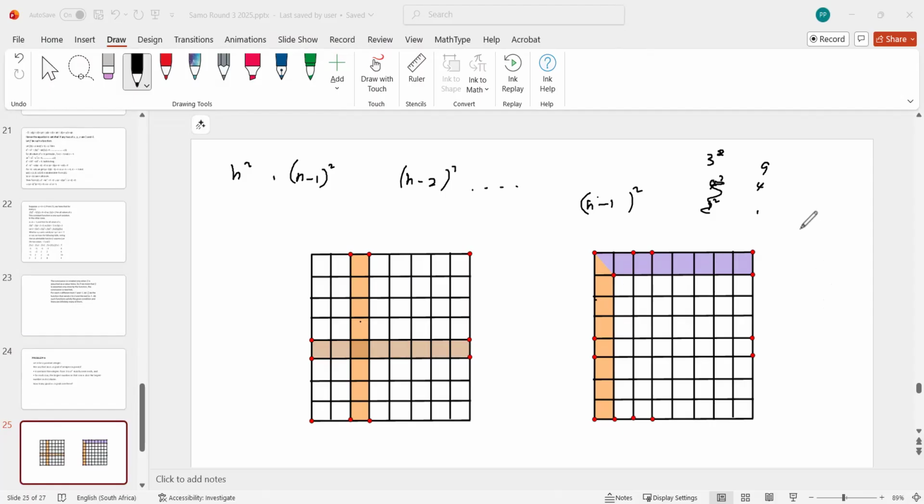So if you have 4 squared, 16, you choose 16, 15, 14, and 13 to be your largest numbers, right? But there will be only four of them, right? So this comes all the way down to 1.